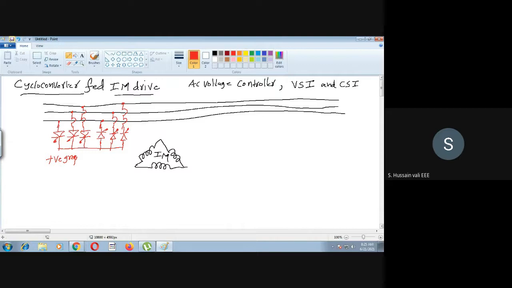I hope you know what a positive group and a negative group are in the case of the cycloconverter. Whereas these three are the negative group. And now this is connected here. Similarly, we have, see, every phase we have six thyristors.